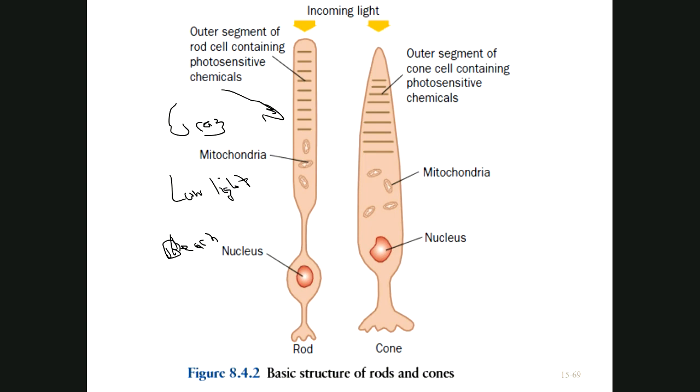You ever notice what happens when you go back inside and it's dark? For a little while, you can't see anything. The reason why is because the cones don't work in low light. They only work in bright light. And you've been outside, so the rods have been bleached out, so they're not working temporarily.